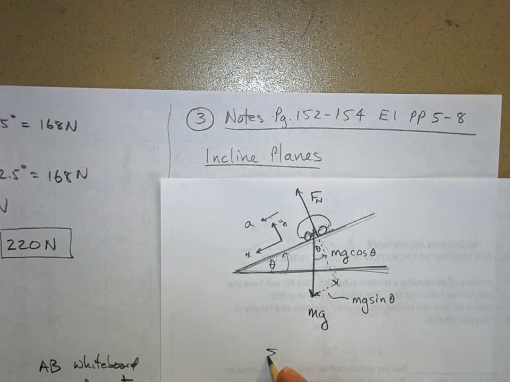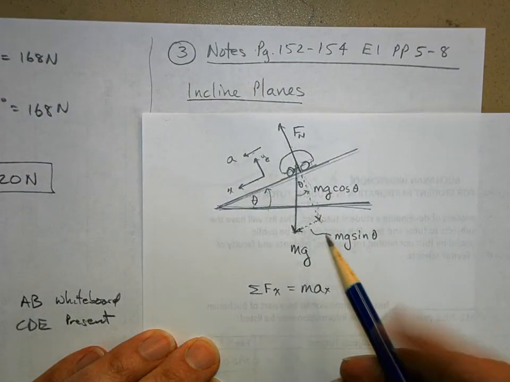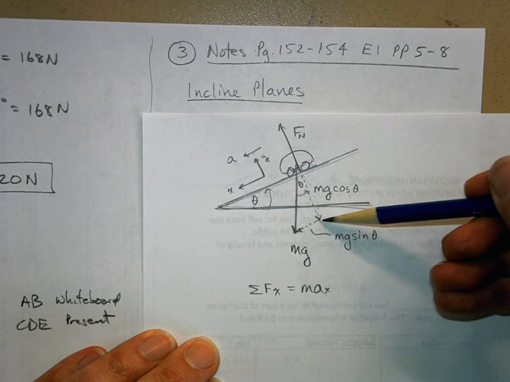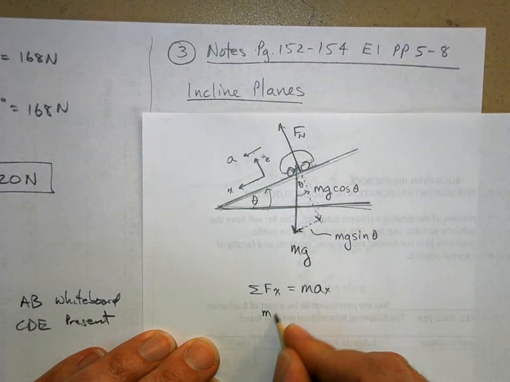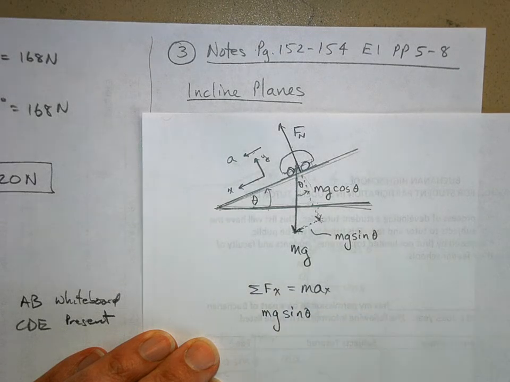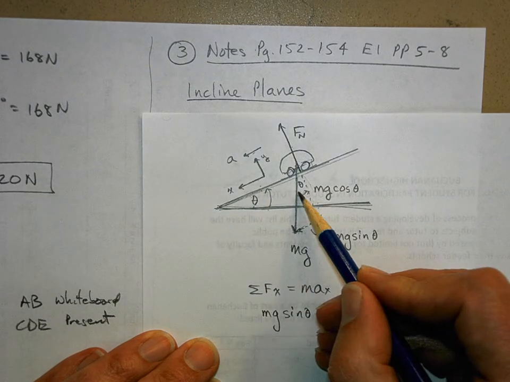If I sum the forces in the x direction, that's going to be equal to ma in the x direction. Well, let's look in the x direction. There's only one force in the x direction in this free body diagram, and that is mg sine theta, where theta is my angle of incline, which is here and here.